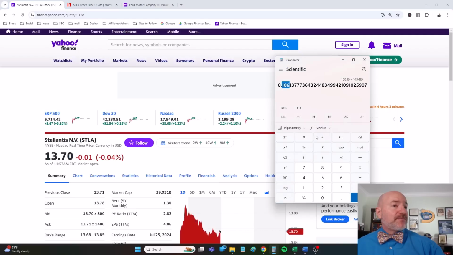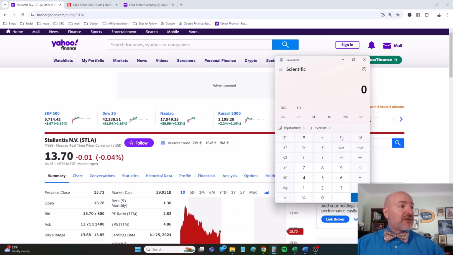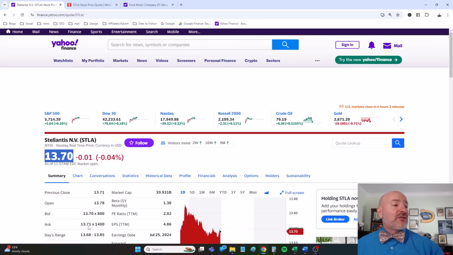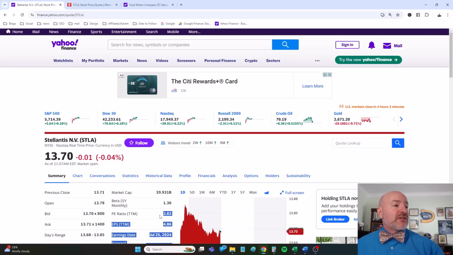Now what they did, they took this $13.70, so that's the price divided by earnings. So 640, it probably wasn't that. It was probably that 470 that we found earlier. So 1370 divided by 470, that's right around that 2.8 times price to earnings. So the price of the stock divided by the earnings per share gives you this price to earnings ratio.